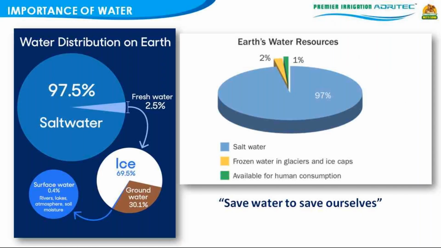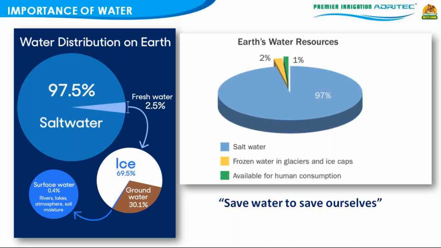So coming to the first part, the importance of water. We are all aware water is the most important commodity on the earth, but we don't pay much attention to it. When you look at the distribution of water on the surface of the earth, we find 97.5%, close to 98%, is salt water, of which only 2.5% is fresh water.